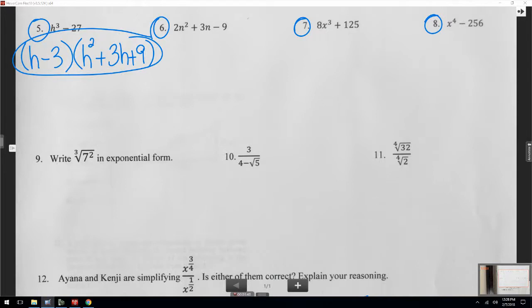So, what are the factors of 18 that add and subtract to be 3? 6 and negative 3. There you go.